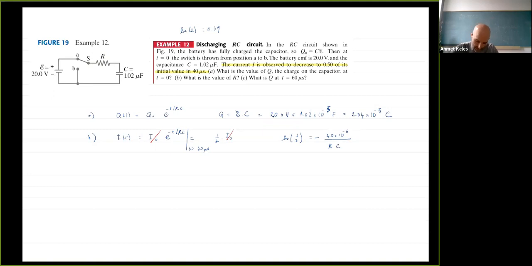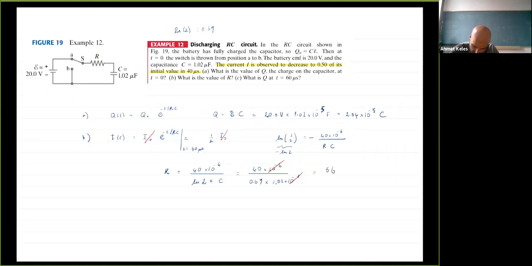We are trying to solve this equation for R, so R is equal to, okay, this guy is minus ln 2, so R is equal to 40 times 10 to the minus 6 divided by ln 2 times C. Okay, if you put the numbers, this is 40 times 10 to the minus 6. I found something like 56 ohm. Anybody else? 56 ohm, maybe 57.